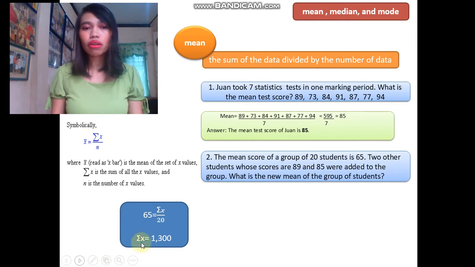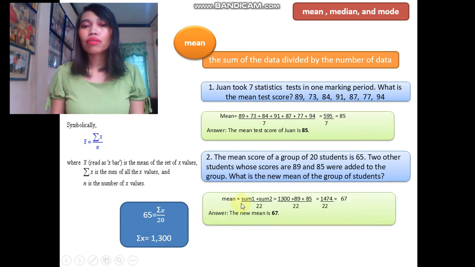Therefore, the summation of x is 65 times 20, 1,300. So we already know that the sum of the first group is 1,300 and the second sum is 89 plus 85. Since it is 20 plus 2 data, that is 22.